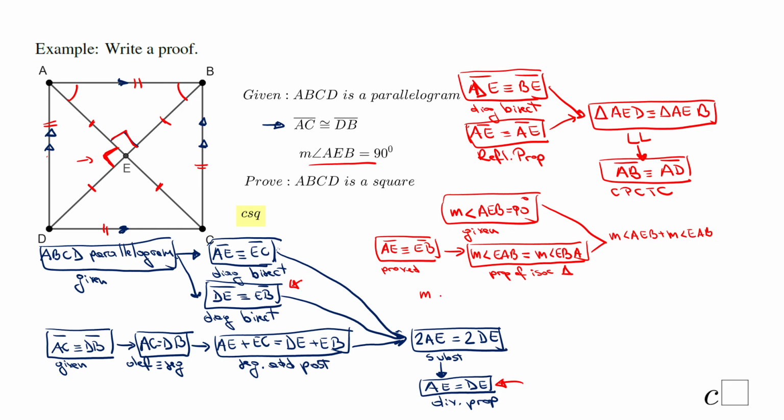The sum of the measure of the interior angles of a triangle is 180, right? And this is a theorem, right? The sum of interior angles is 180.